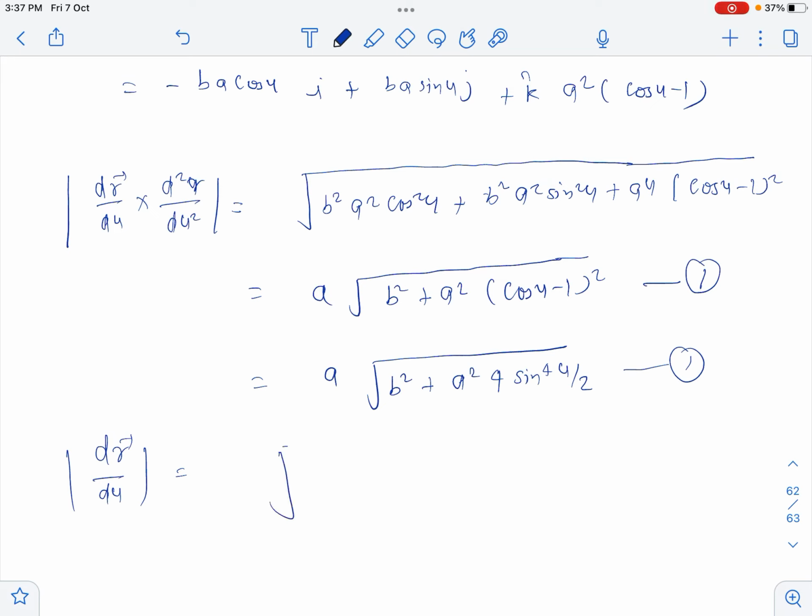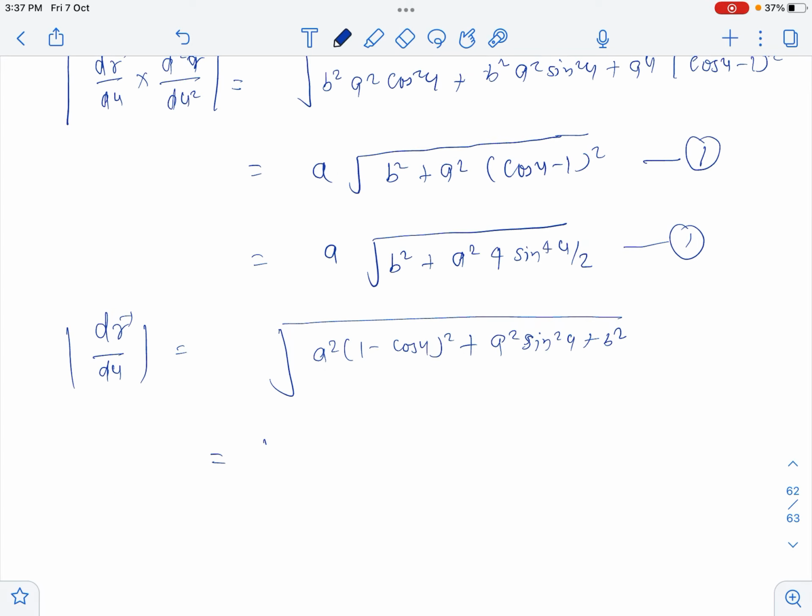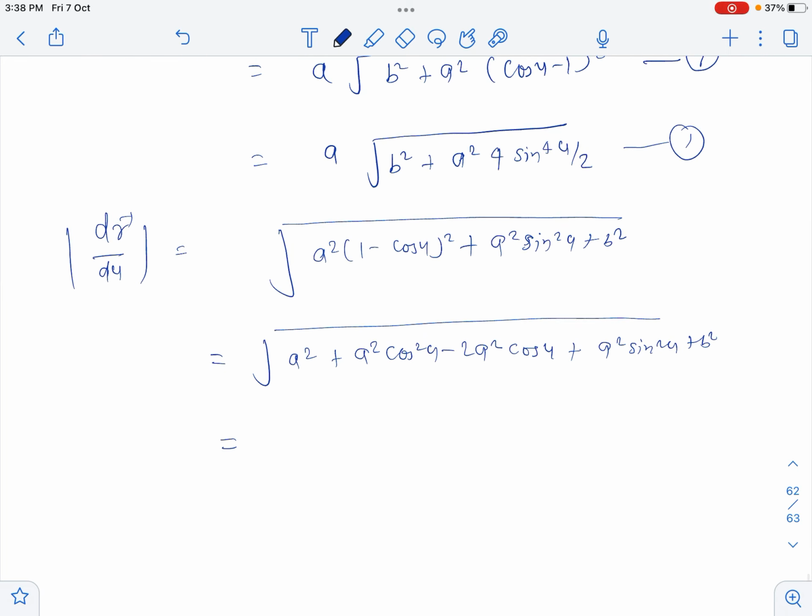Now let us find the modulus of dr/du, which is equal to under root a square (1 minus cos u) whole square plus a square sin square u plus b square, which can be written as under root a square plus a square cos square u minus 2a square cos u plus a square sin square u plus b square, which can be further simplified because this and this will become a square.